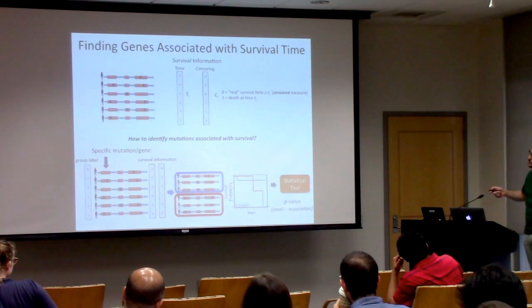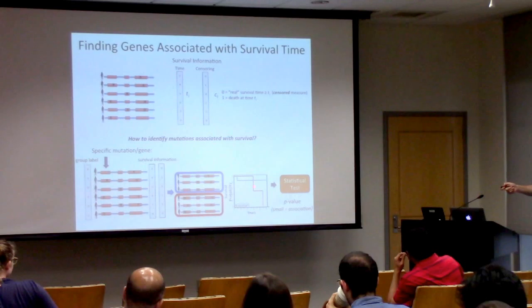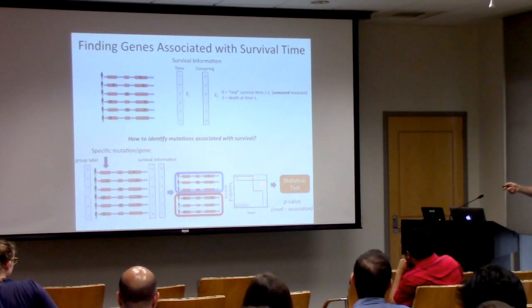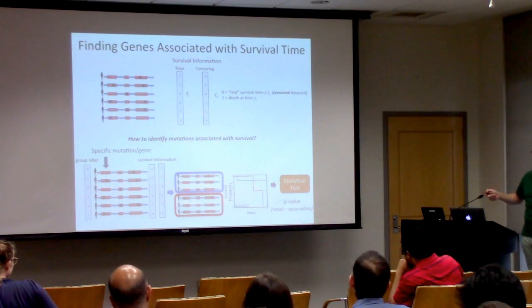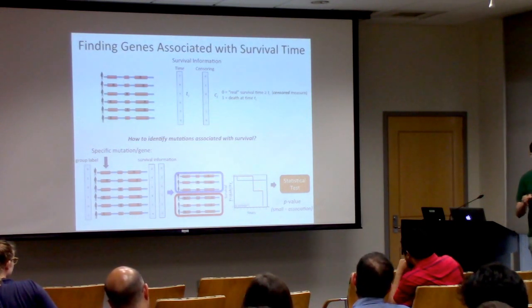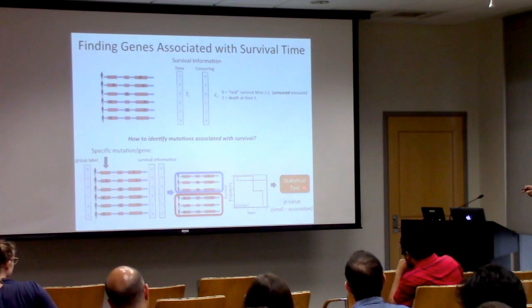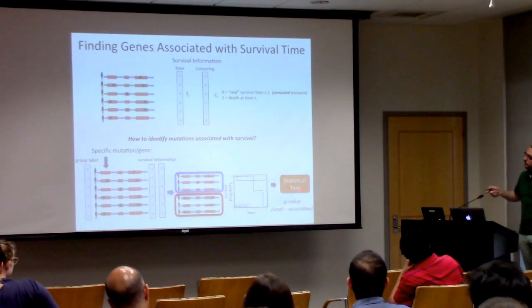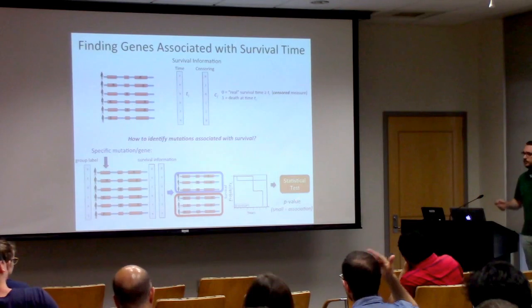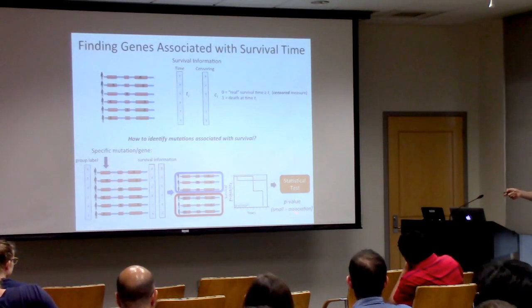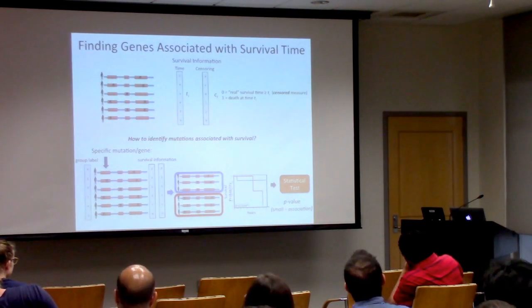So I can use a statistical test that will tell me the probability that I observe a difference in survival at least as extreme as the one that I see in my data, assuming that there was actually no difference in survival for the two populations. Abstracting a bit, the output of the statistical test is going to be a p-value that is small if there is an association of the mutation with the survival.